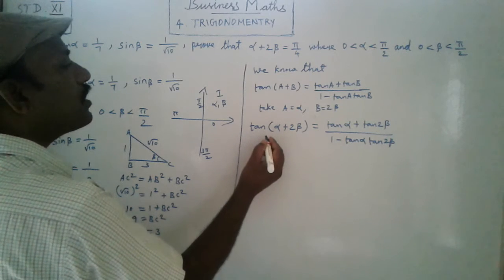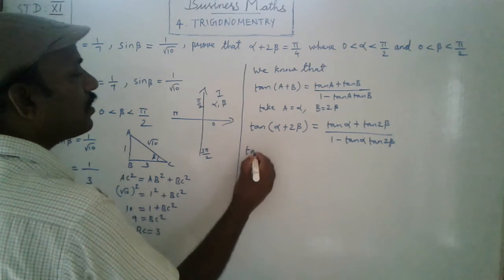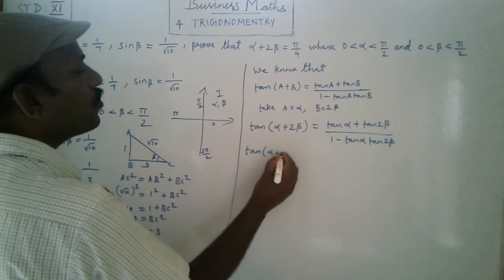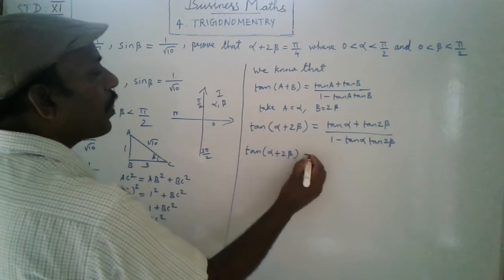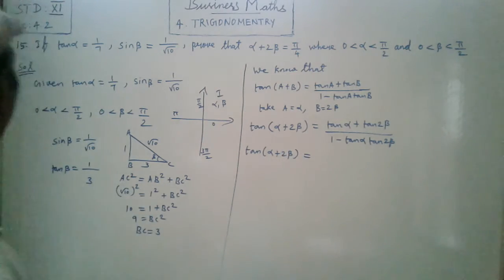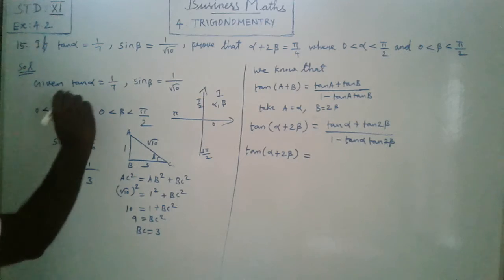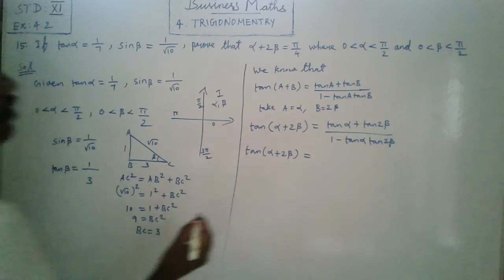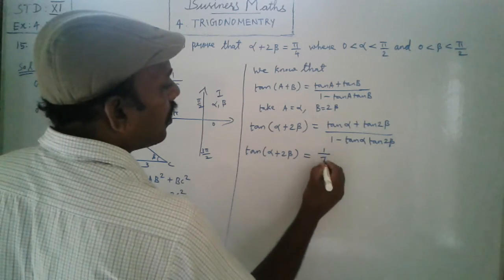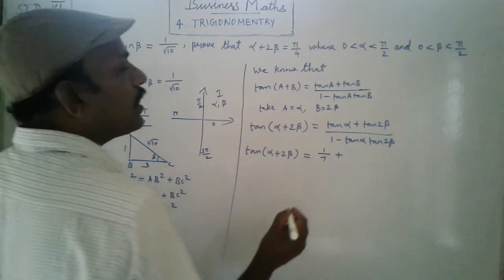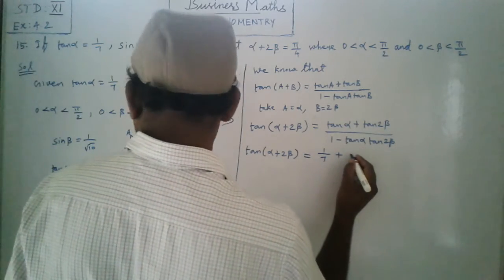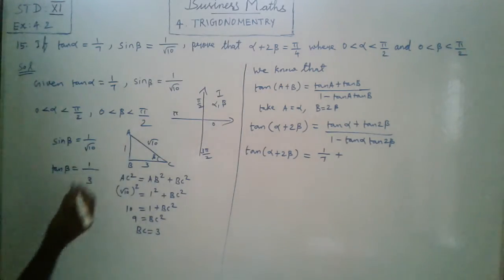So we should substitute this value here: tan of alpha plus 2 beta equal to tan alpha, we know that tan alpha equal to 1 by 7, plus tan 2 beta. So tan beta equal to 1 by 3.